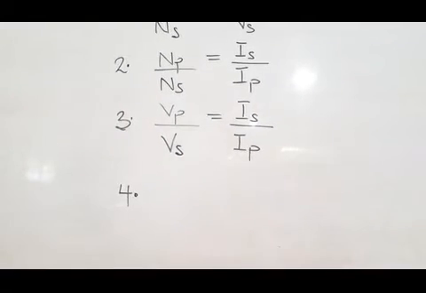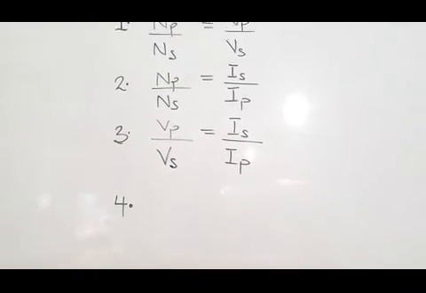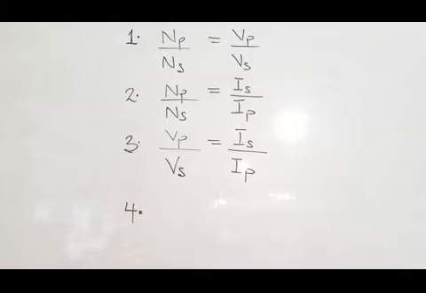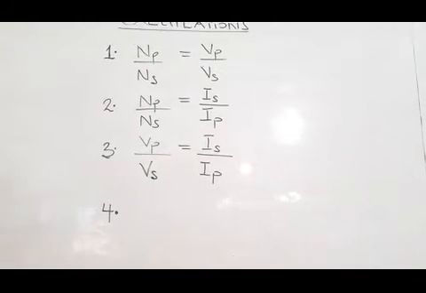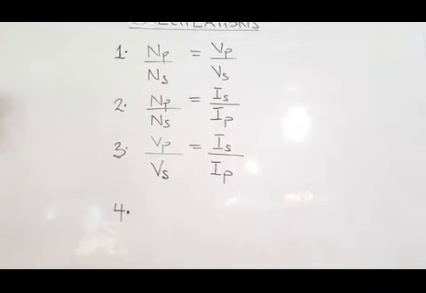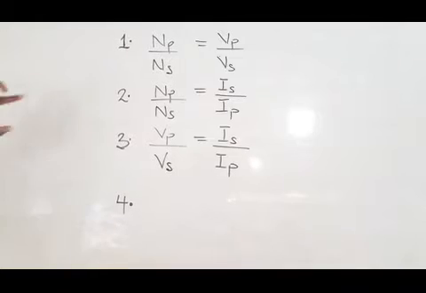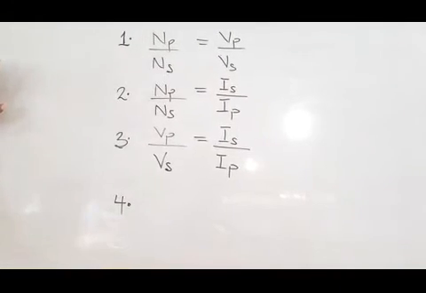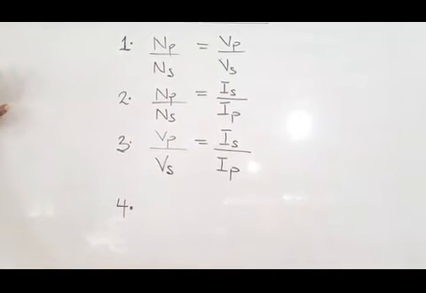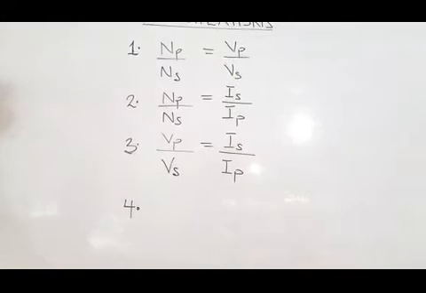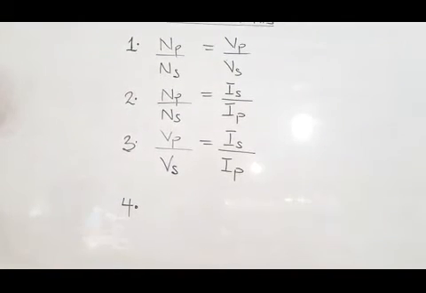Now, you can also be asked to calculate what we call power input and power output. Power input is the power generated in the primary core, and power output is the power generated in the secondary core.